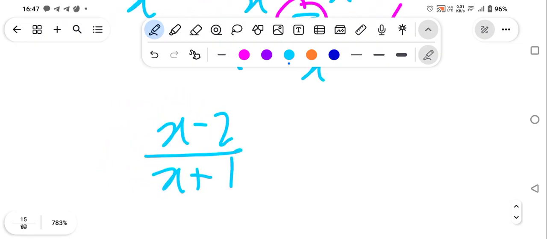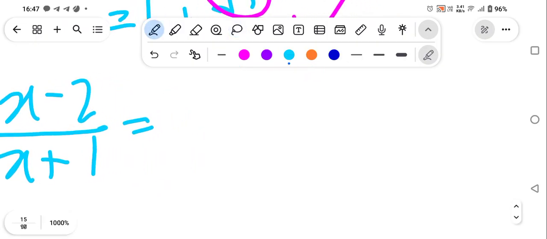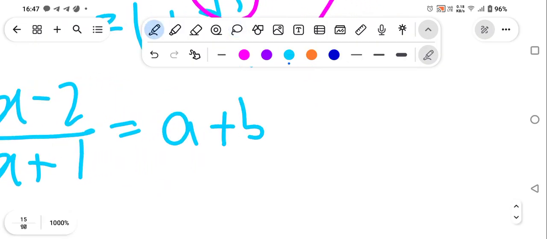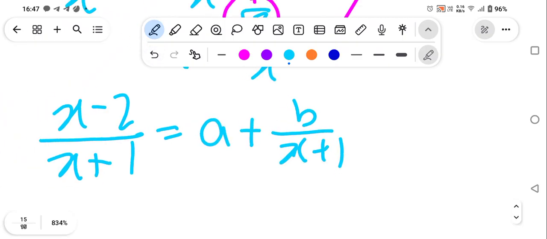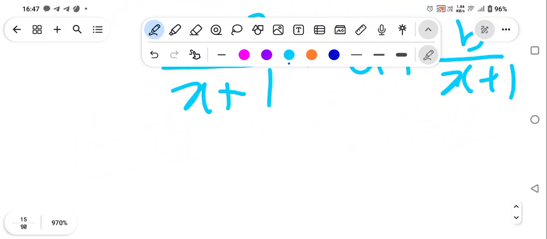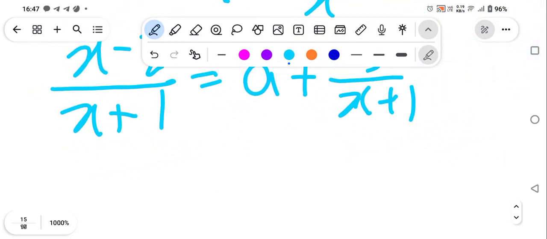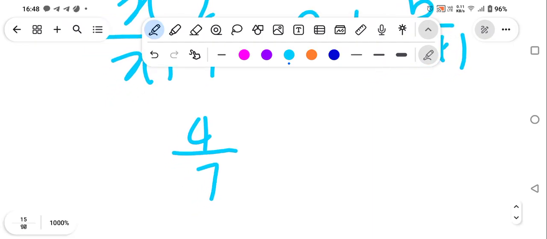I'm going to teach you a step that's very easy, that you can make this directly into some a plus b over x plus 1. So how? Alright, before this, I'm returning to fractions. So let's say I have 4 over 7. So how are we supposed to do this?